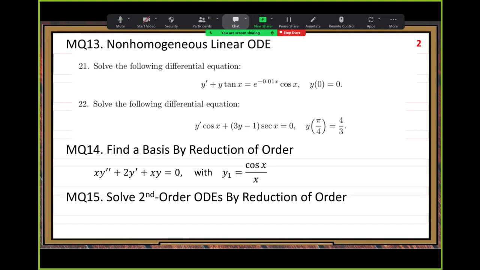All right. Number 15, solve second order ODE by reduction of order. So this one, there are two types. But here I like to do type 2. Type 1, I cannot do, because each type we can only do one question. We do not have room for two questions.